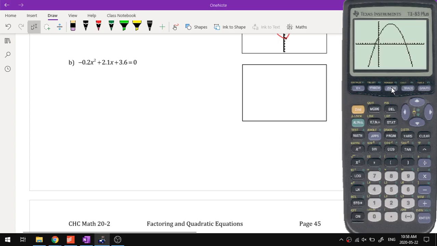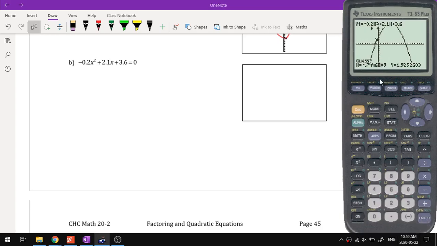So now we're going to find them. I'm going to go second, trace, option 2. I'm looking for the left x-intercept first. So moving this cursor here to the left, so it ends up to the left of that x-intercept, somewhere over here. Enter, to the right, somewhere over there.